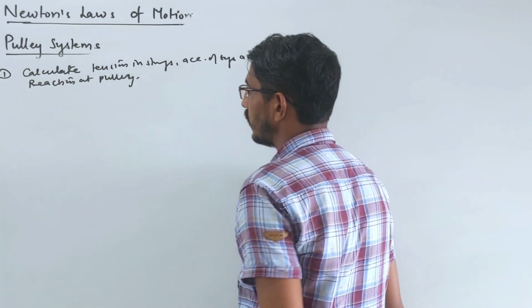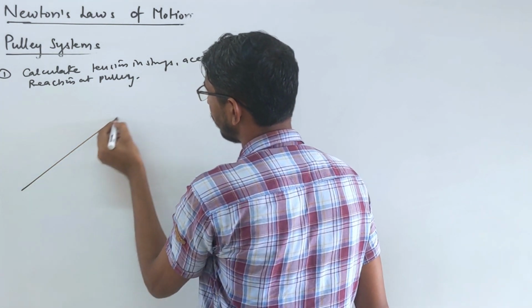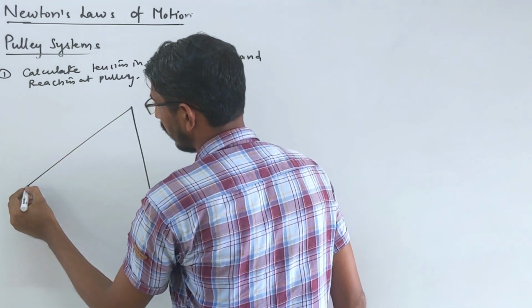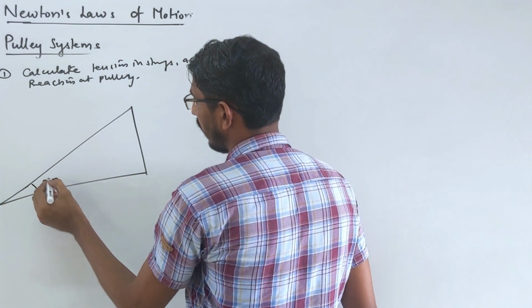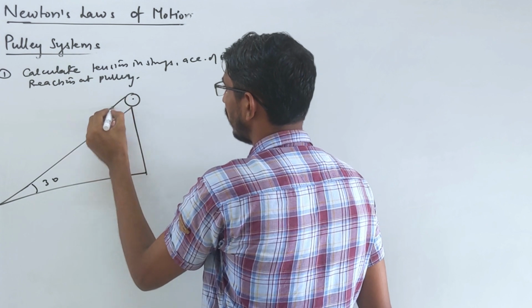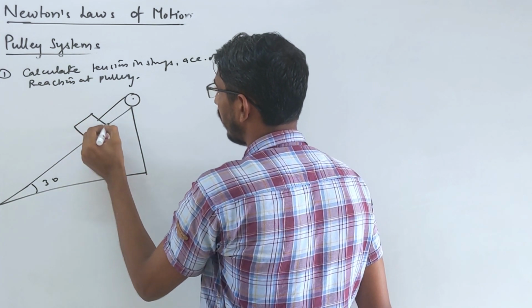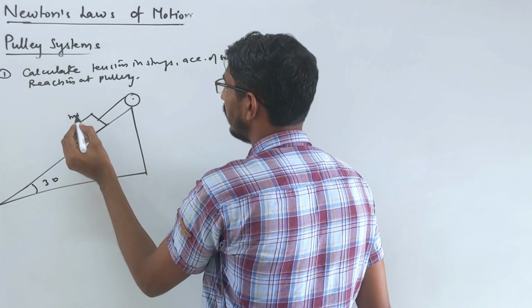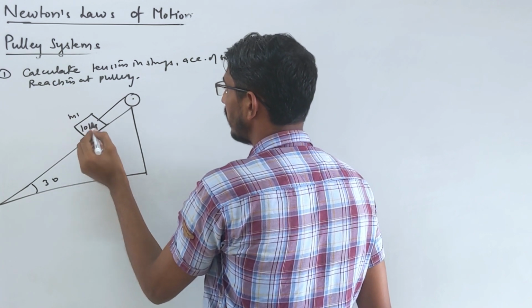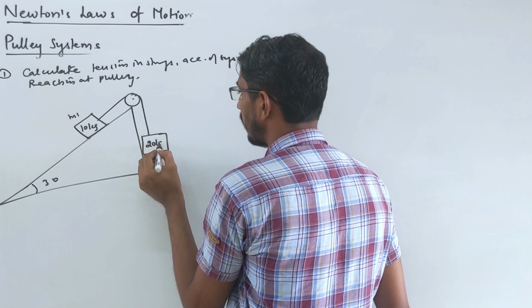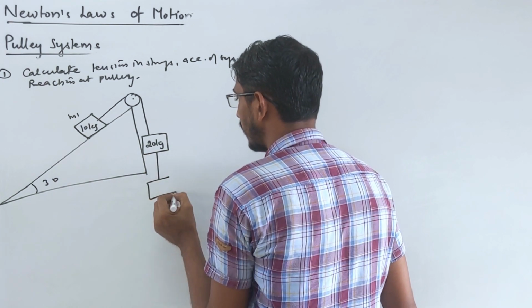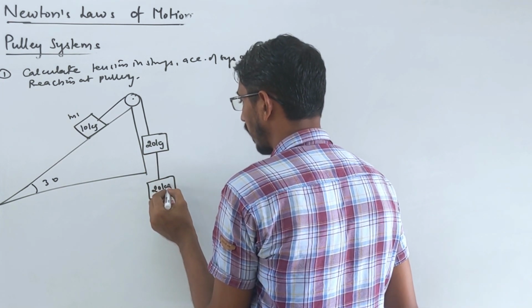Suppose this picture is given to you. This angle is given as 30 degrees, and there is a pulley here. Some blocks are connected by that pulley. Let's call this M1, a 10 kg block, and here let's say a 20 kg block, and another block, let's say also a 20 kg block.